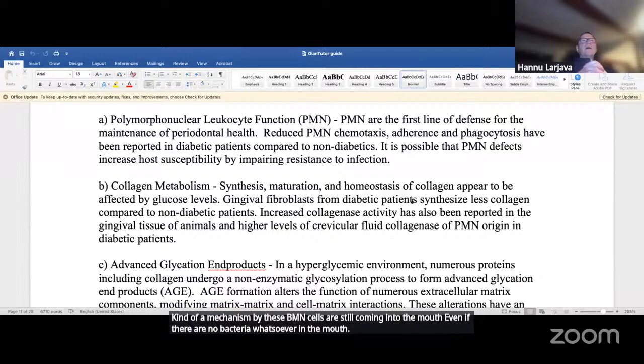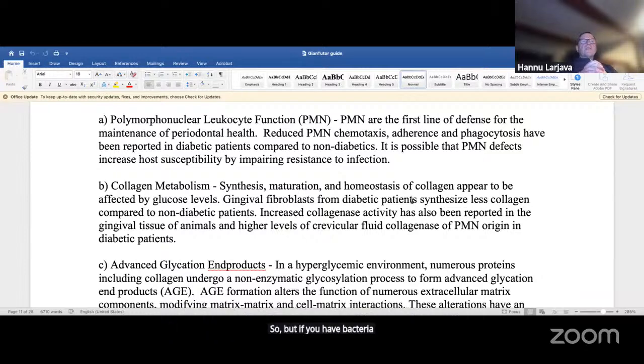So, if you have bacteria, you have lots of it, so you have lots of polymorphonuclear leukocytes coming into the mouth. And if you have advanced periodontal disease like this Bill Williams case has, there's a lot of PMNs coming into the mouth every day. We calculate that crevicular fluid levels can go up to 50 milliliters per day.